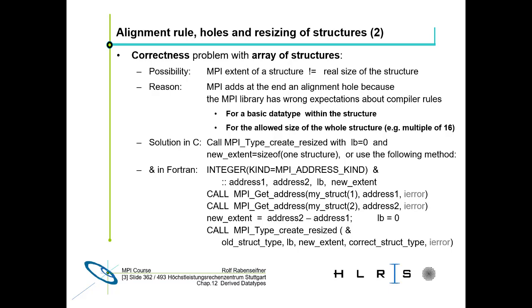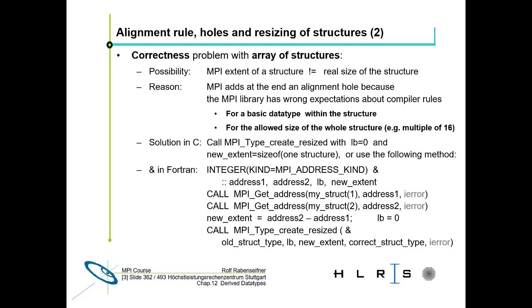Or you can use the same thing in C and in Fortran. You can compute the addresses: get the address of the first part of the structure, the address of the second part of the structure, then compute the extent as the difference between the second address and the first address, of course using the MPI routine for that.